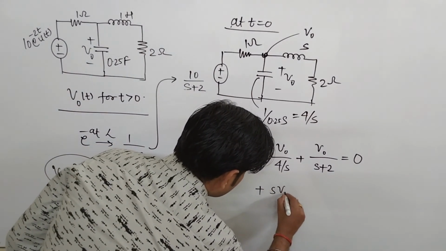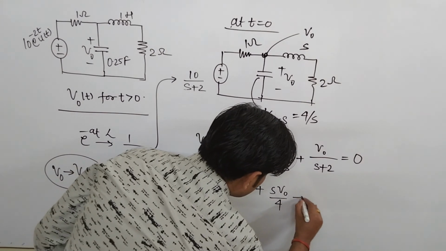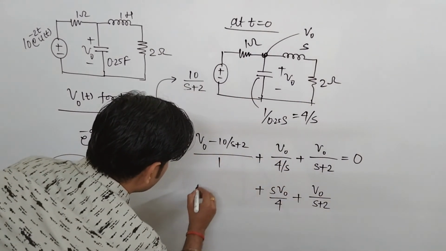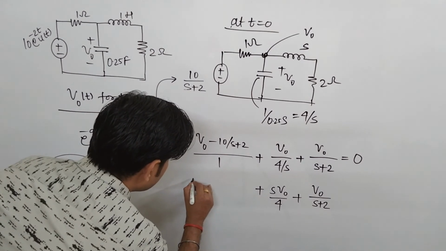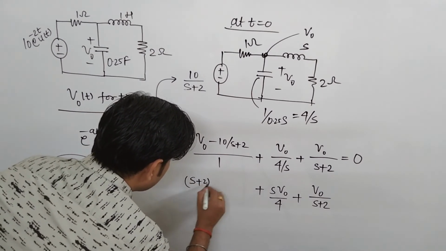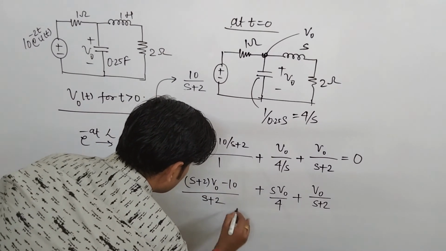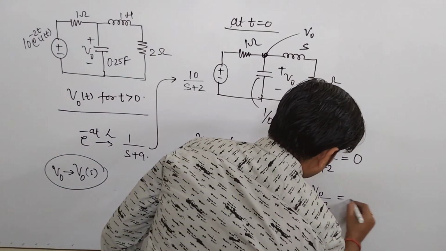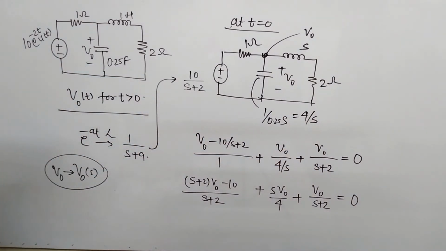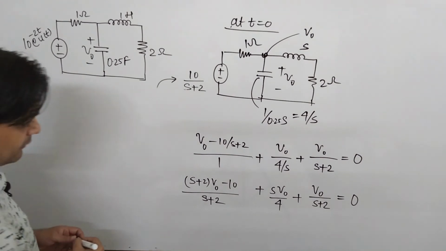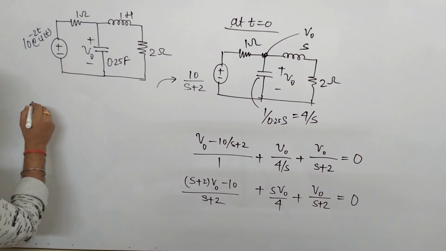This becomes S V naught by 4. This is V naught upon S plus 2. And it is S plus 2 into V naught minus 10 upon S plus 2. So you just multiply it by 4 into S plus 2 and get the answer. It is not that lengthy, and such type of problem will come.